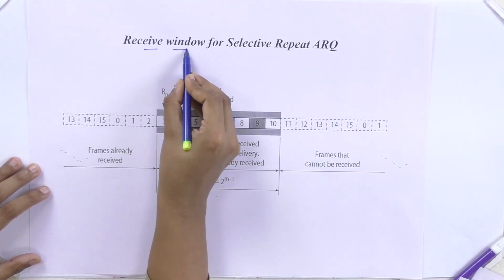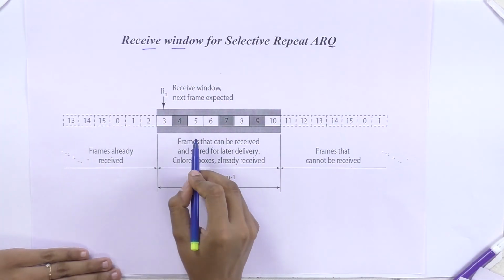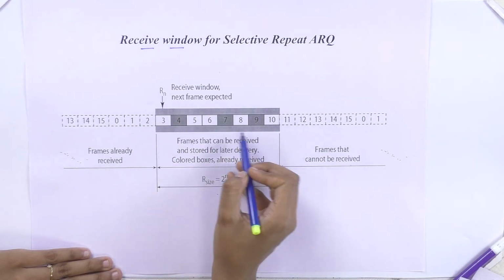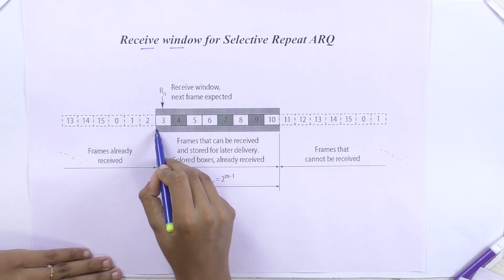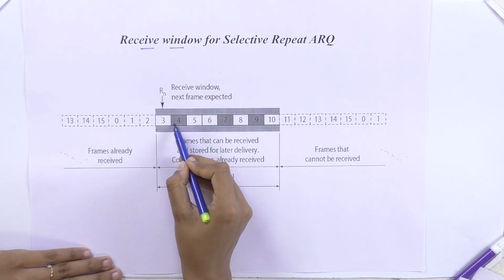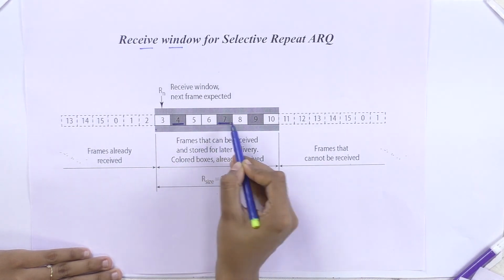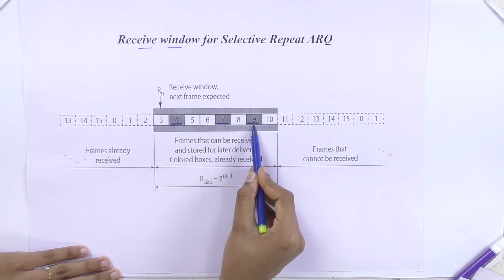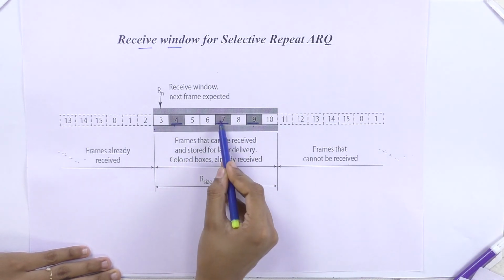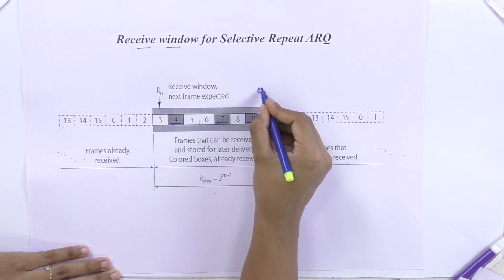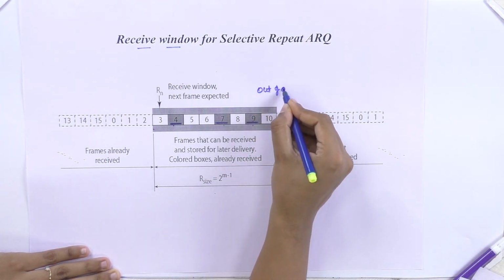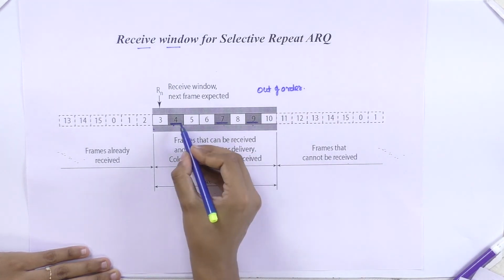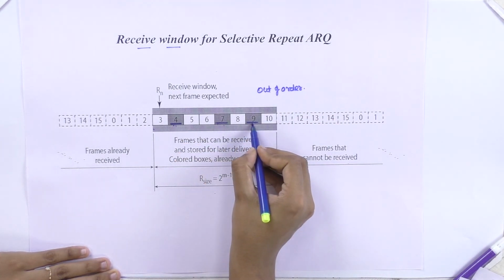So in the receiver window, the receiver gets all the frames from the sender, and you could see this dark thing. So this means that these frames have arrived out of order, which means that the sequence number is not proper for all these frames.